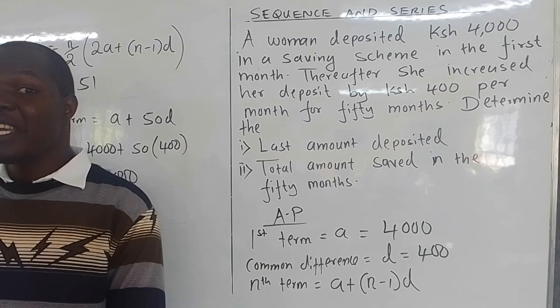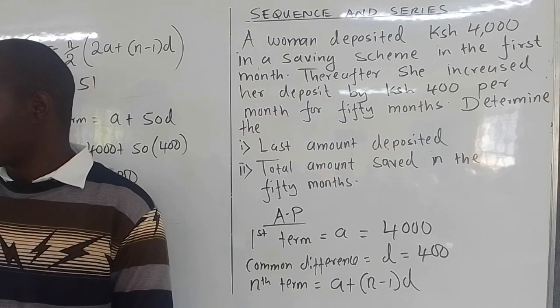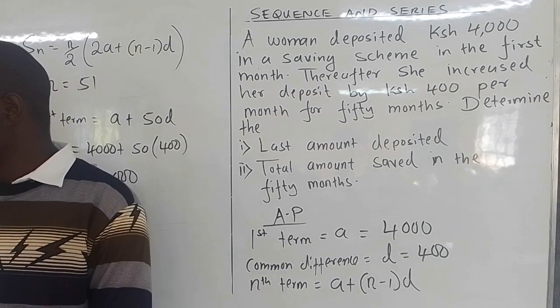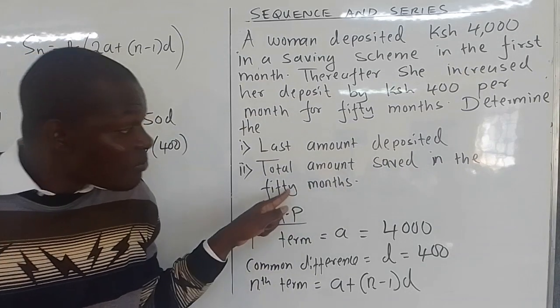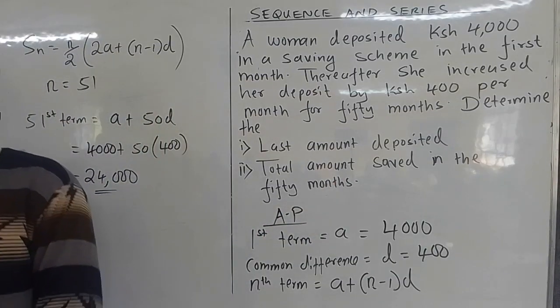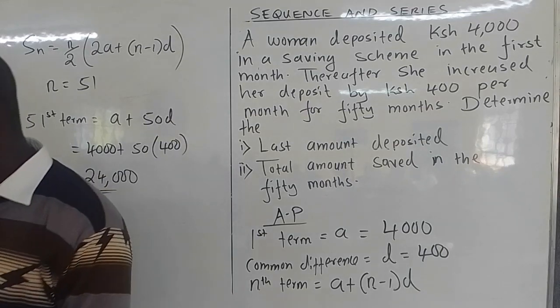Sum of the 50 terms. Another person? They've said the total amount saved in those 50 months. Anybody? He's saying the sum of the 50 terms.